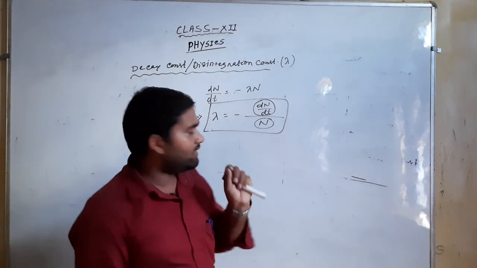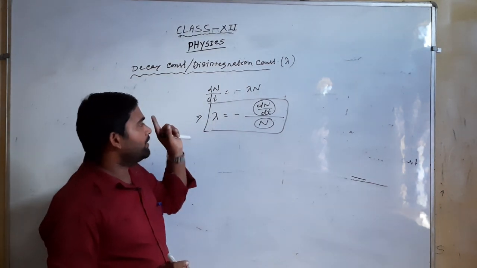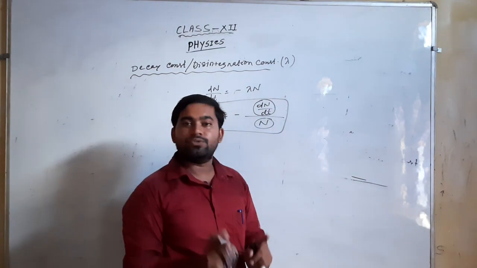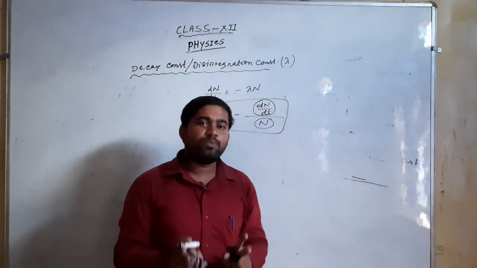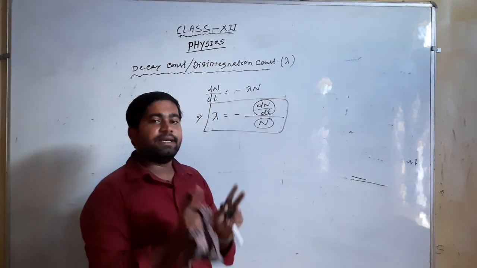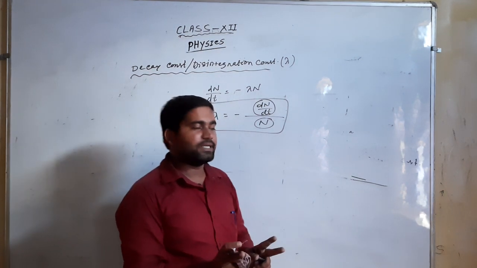Again, I repeat, the decay constant is the ratio of the rate of disintegration to the number of nuclei remaining undecayed at any time t.